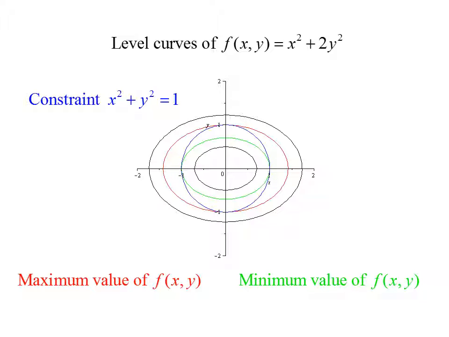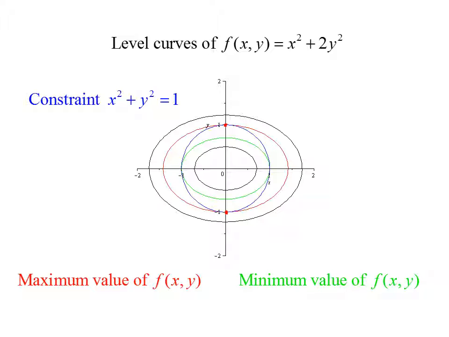And here I've highlighted in colors, at this point right here, which would be 0, 1, and at this point, which would be 0, negative 1, the constraint function, blue, and the level curve of our optimizing function, which in this case is the red one, are both tangent at the same point.